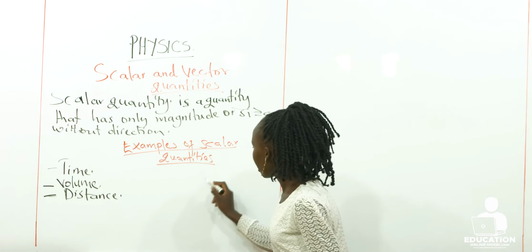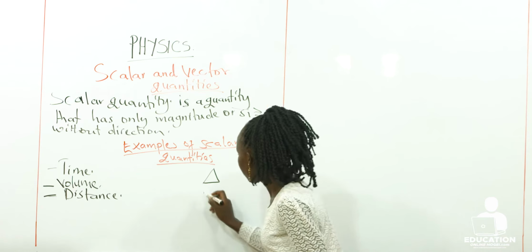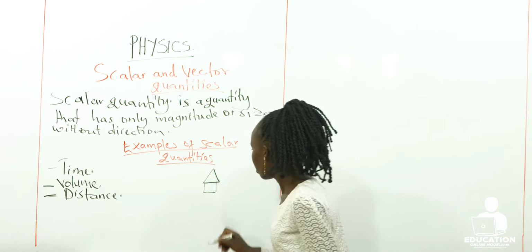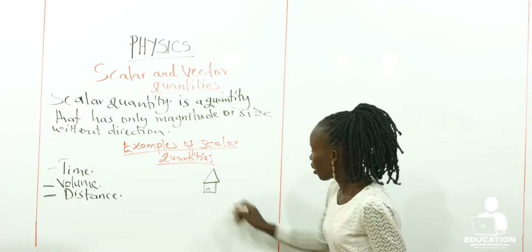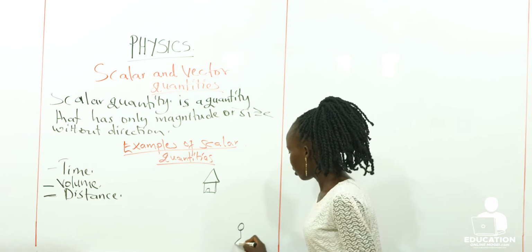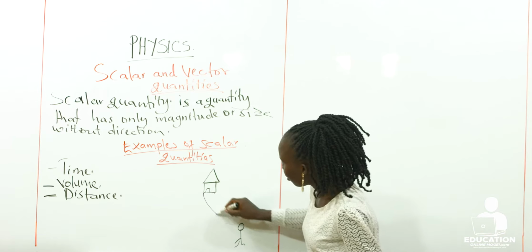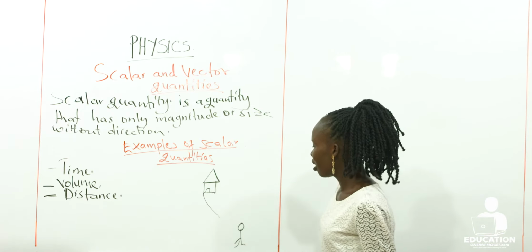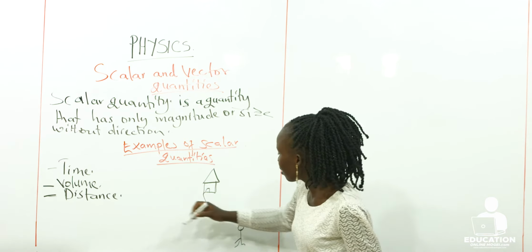This is your grandmother's house, and you're right here. This is just an empty space that can take you there. You don't take a specific direction with this distance.